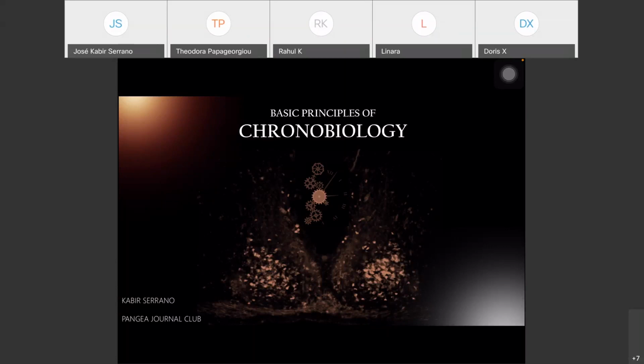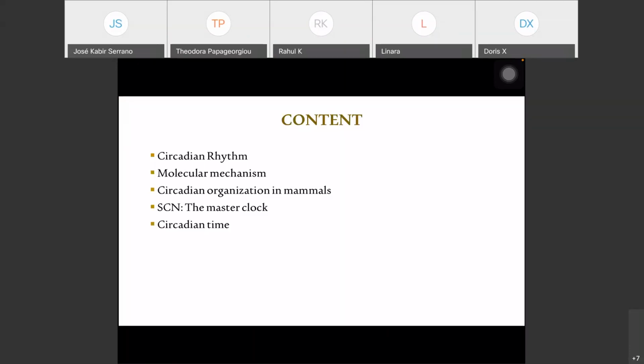Okay. And now that we clearly understand the basis of optogenetics, I'll give you a summary of the basic principles of chronobiology. My objective with this presentation is that by the end of it, you will be able to understand what is a circadian rhythm, its molecular mechanism, which is very complex, but I'll try to summarize it in only 6 molecules.